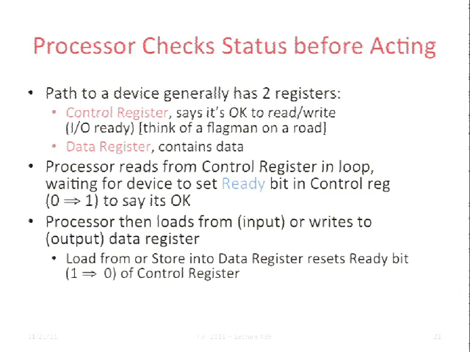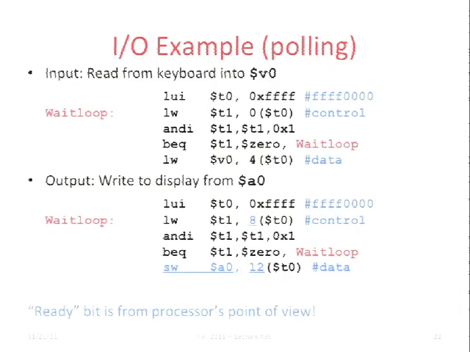So, what does this look like in code? Well, basically, here's where we start our special region of memory. Remember, it's called memory mapped I/O. So let's say that our keyboard is the first set of registers, okay? So we're going to load our special address, and then we're going to check. We're going to keep looping. This is called busy waiting or spinning. We're going to keep looping until we find that control register is set to 1, which means the device is ready.